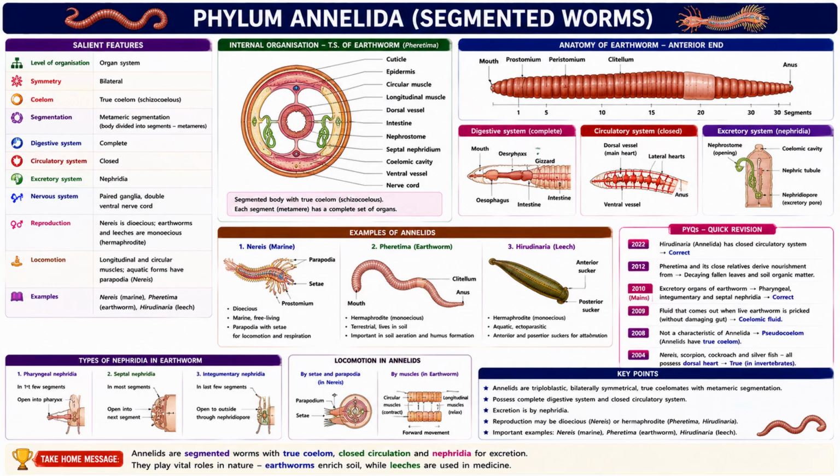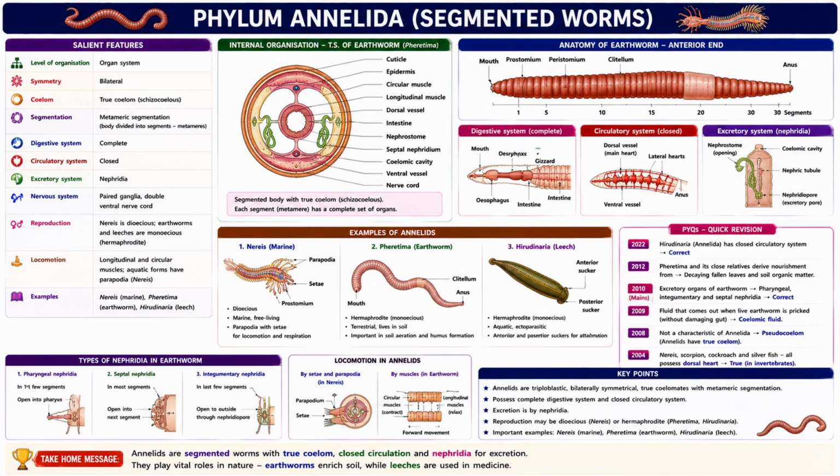Nereis is dioecious, it is marine, it is free living, it has parapodia with setae for locomotion and respiration. Pheretima, earthworm, has mouth and anus and clitellum. Hermaphrodite, it is monoecious. Terrestrial, lives in soil, important in soil aeration and humus formation. Hirudinaria, leech, hermaphrodite, monoecious, aquatic, ectoparasitic, anterior and posterior suckers for attachment.